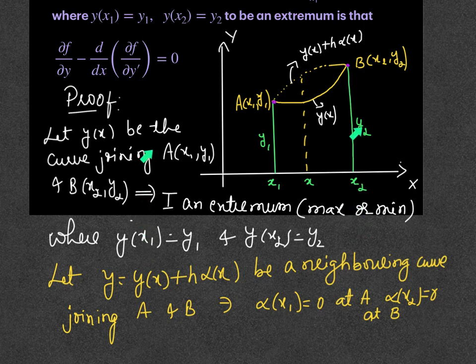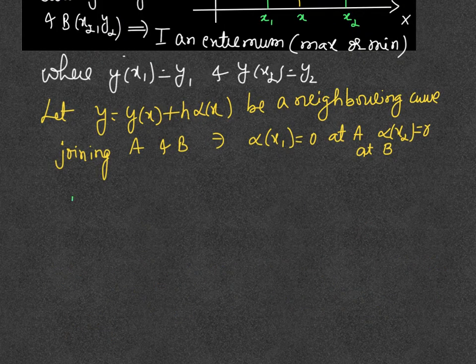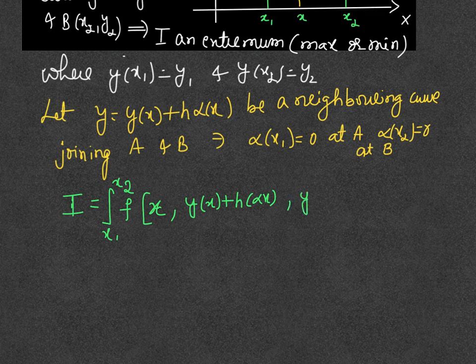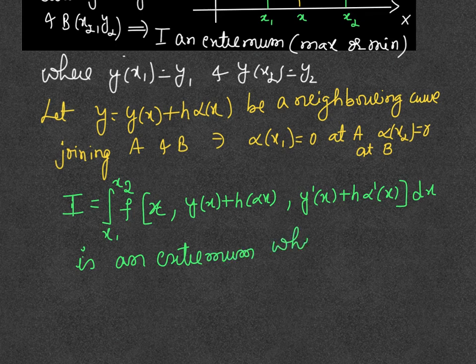So we can say that the integral I is equal to the integral from x1 to x2 of f of x, y, y dash, where y is y of x plus h alpha of x, and y dash is the derivative, y dash of x plus h alpha dash of x, dx, is an extremum when h equal to 0.